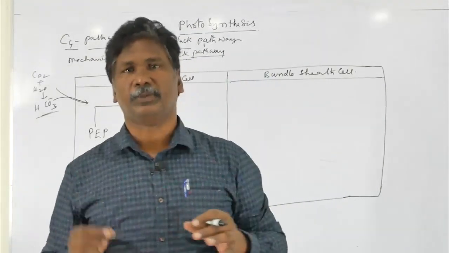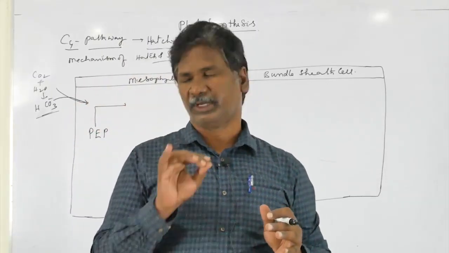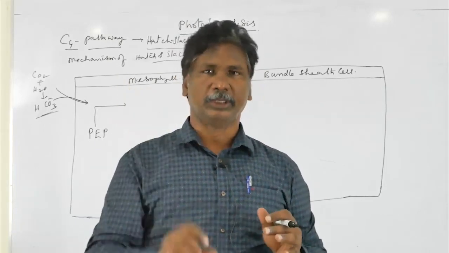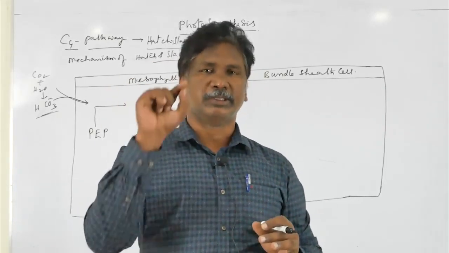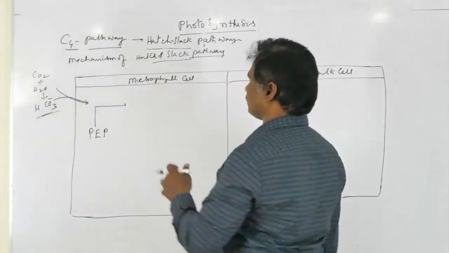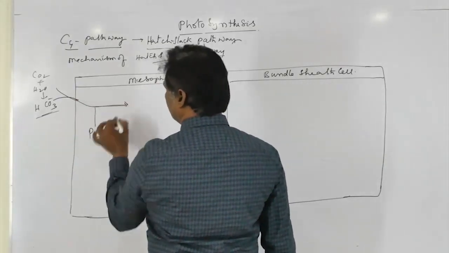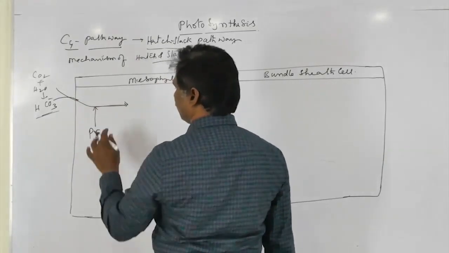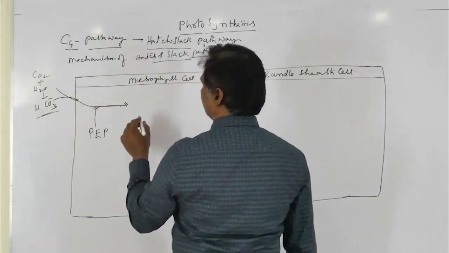This line is not available in the textbook text, but it is available in the diagram, where a small bicarbonate is shown. So the carbon dioxide is accepted by phosphoenol pyruvic acid, the primary acceptor of carbon dioxide.